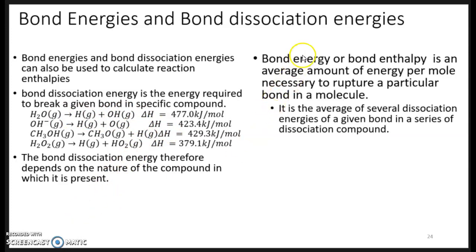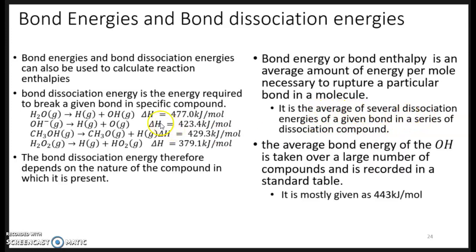We've talked about bond dissociation energy. When we talk about bond energy or bond enthalpy, that's the average amount of energy per mole necessary to rupture a particular bond in a molecule. So it's often given as an average of several dissociation energies. For example, for OH, which is 477 in water, it's 423 in hydroxyl ion, it's 429 in methanol.